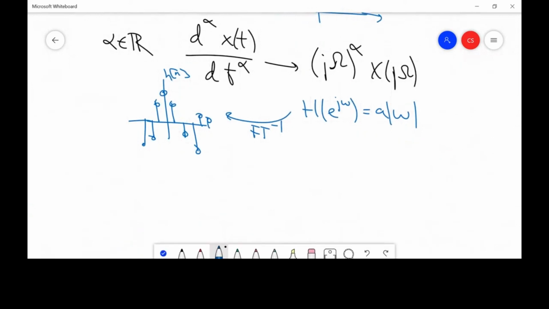The zero frequency, you may remember, is the sum of this. So for a high-pass filter, that has to be zero. The addition of all these samples has to be zero.